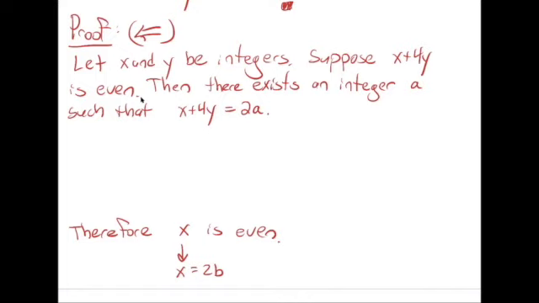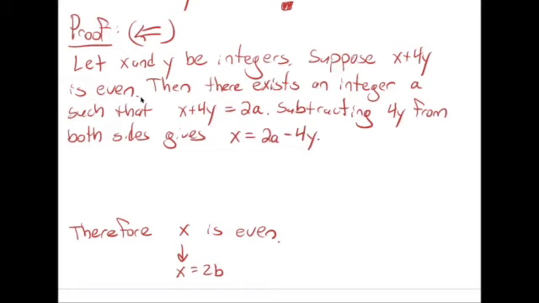So now let me take this expression, and if you want to be very explicit, that would give us x is equal to 2a minus 4y.